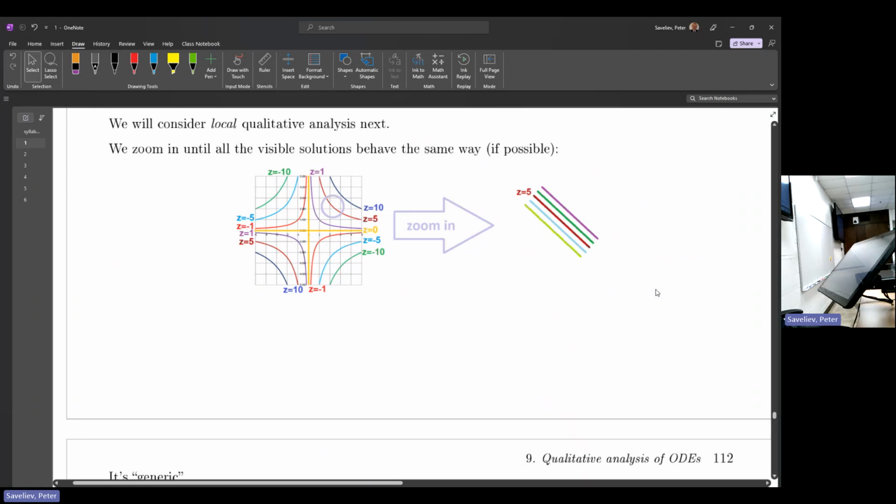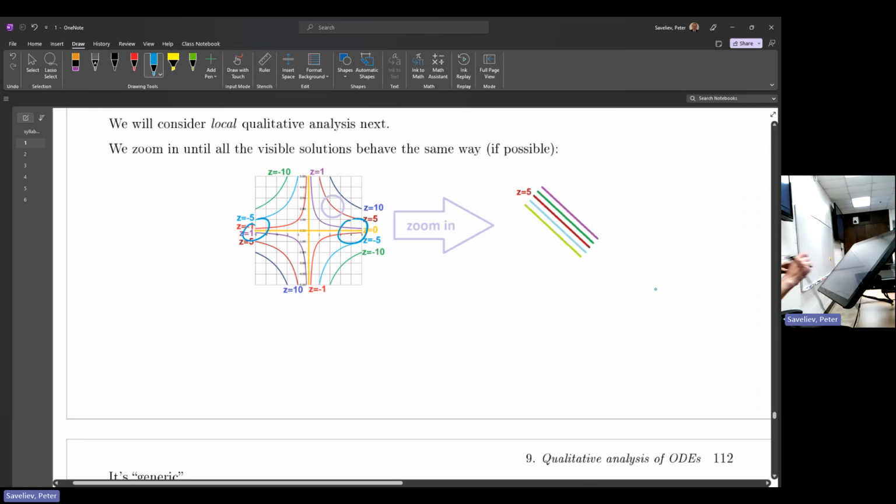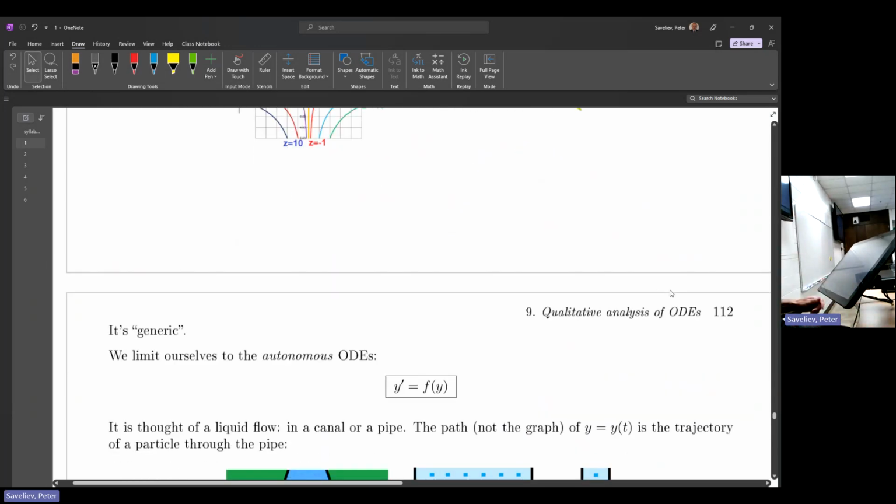If I zoom in over here, solutions approach from both directions, but over there they may be running away from it. It depends on whether it's autonomous or not.